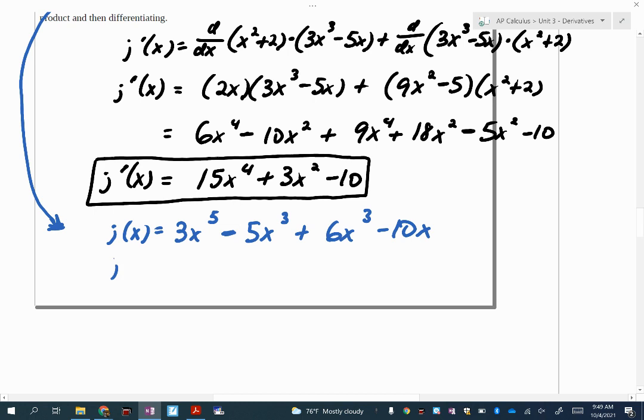Okay, let me combine some like terms. 3x to the 5th power plus 1x cubed minus 10x.